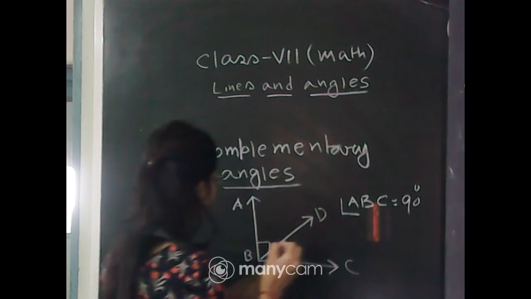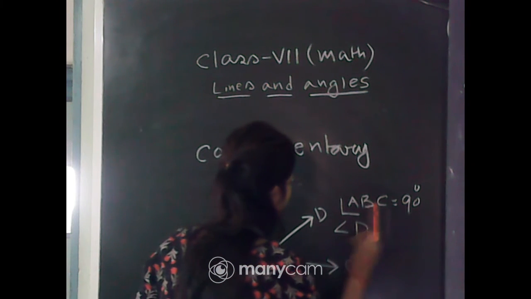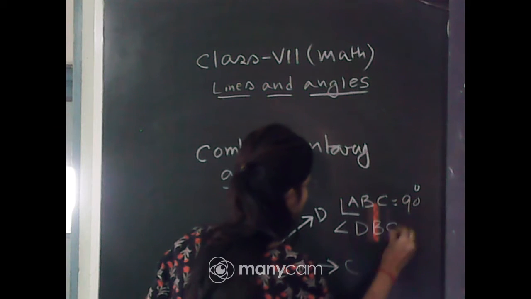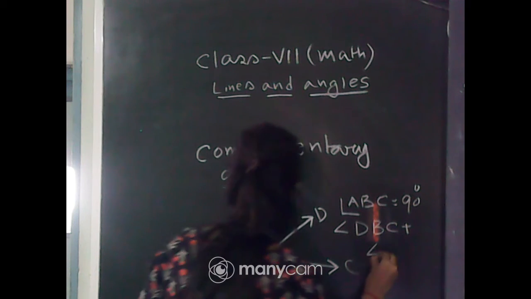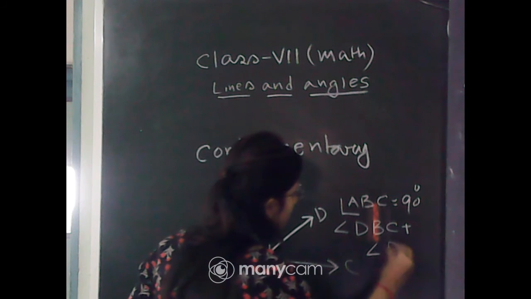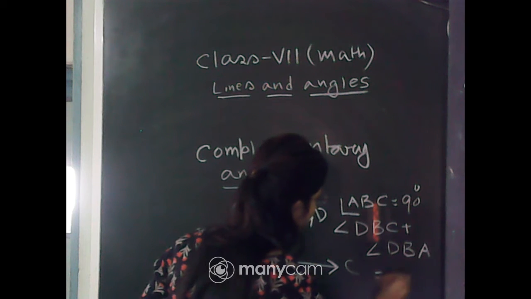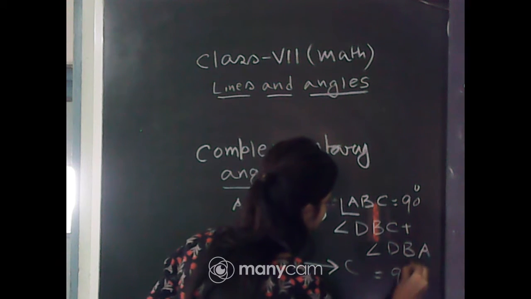Also we see that angle DBC plus angle DBA is equal to 90 degree.